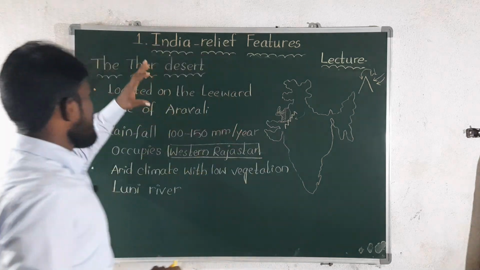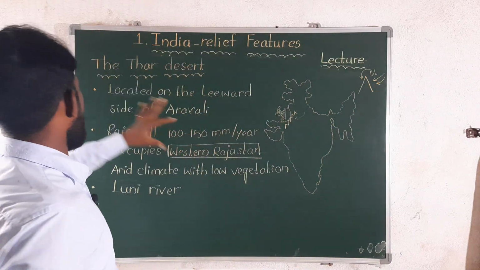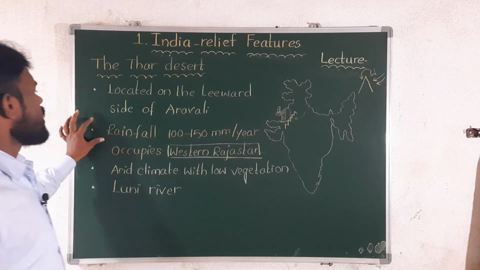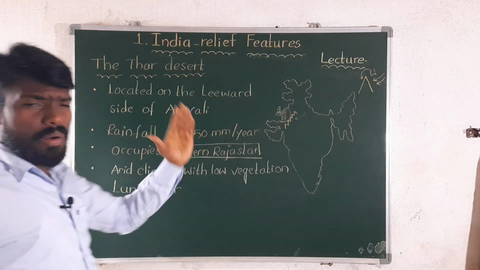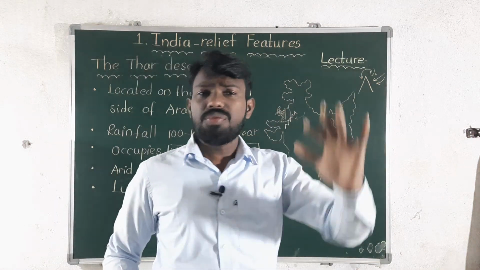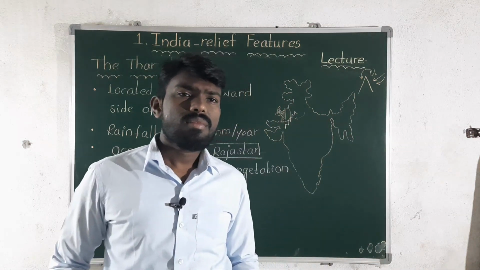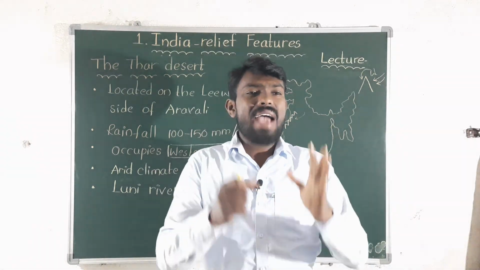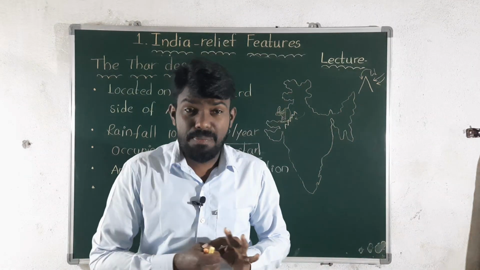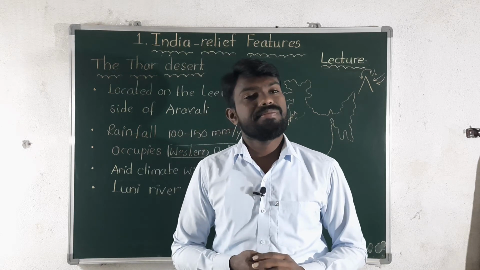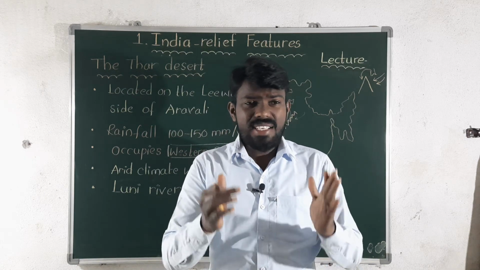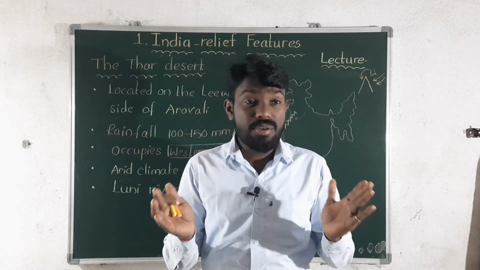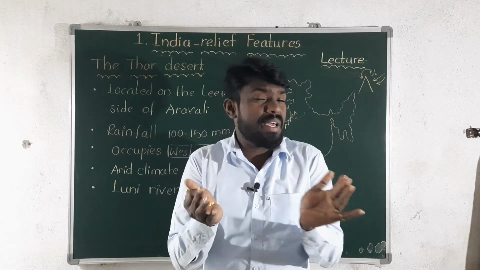So this is simply about the Thar Desert. It is located on the leeward side of the Aravallis. The rainfall is 100 to 150 millimeters per year. It consists of undulating sandy plains and rocky outcrops, occupying much of western Rajasthan, with an arid climate and low vegetation. Streams appear during the rainy season and disappear very soon.